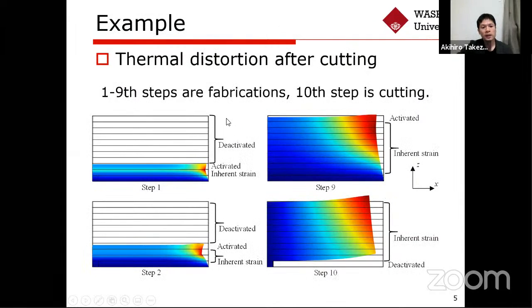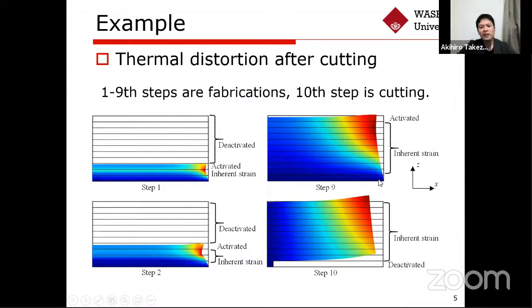So this is an outline of the deformation simulation using this approach. In this example, the fabricated part is divided into 11 layers, including the base layer on the bottom. From step 1 to 9, each layer is generated in each step, and inherent strain and activated strains are applied.